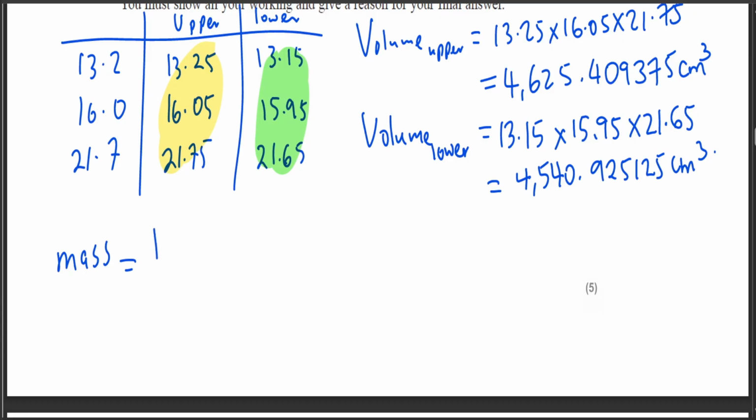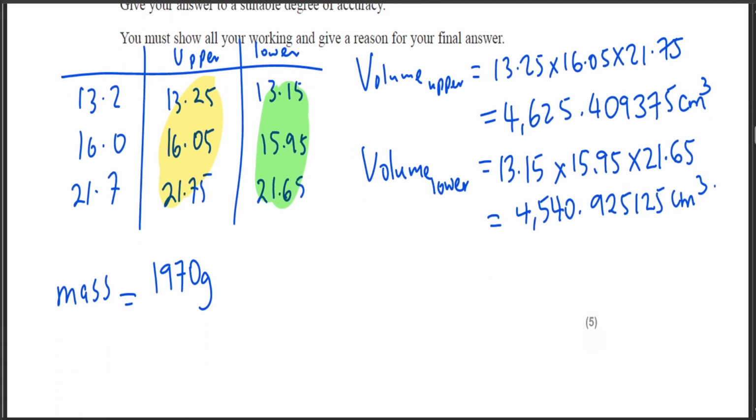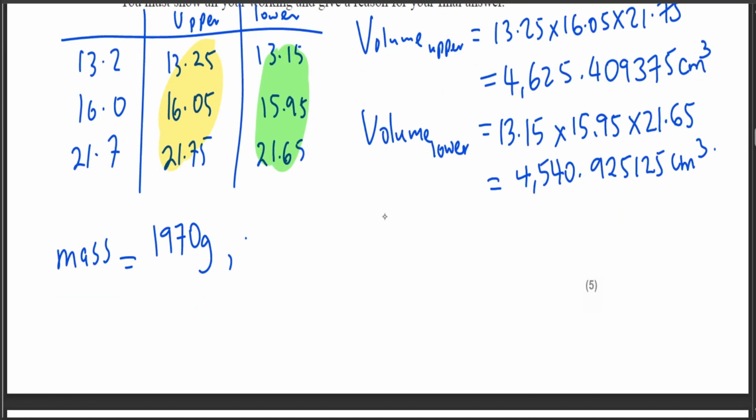1970 gram. Okay, since it's rounded off to the nearest 5 gram, its maximum or its upper mass is going to be half of 5. Half of 5 is 2.5.